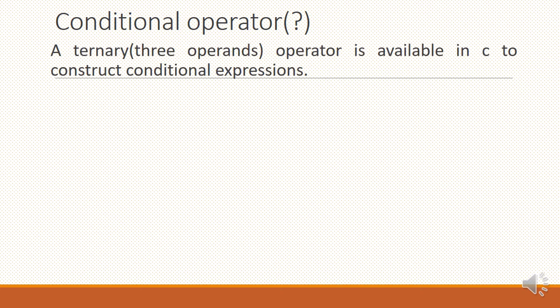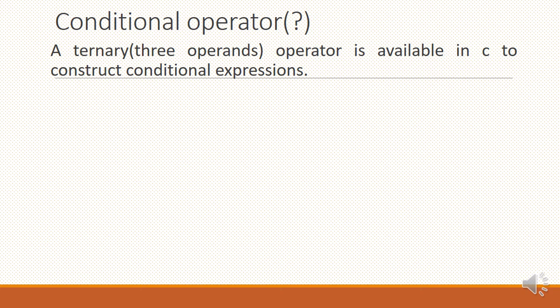Okay, now let us come to the next operator, that is the conditional operator. Usually the question mark is called the conditional operator. But in the C program we have one operator that is called ternary.